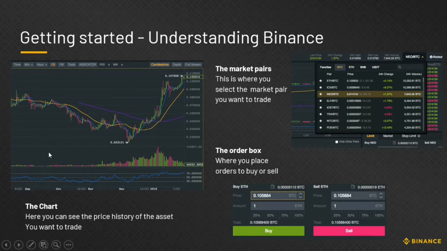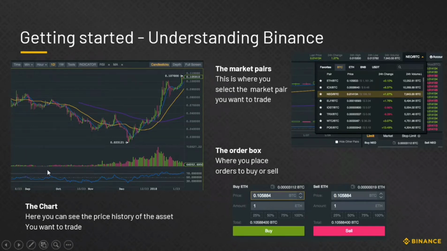Okay, now let's get started with understanding Binance. I'll be going live in a few minutes, going practical to show you what the Binance platform is all about. We have the charts. What is obtained in the chart is just the price history of whatever asset you want to trade. On the chart, you'll be able to see how the price of that asset has been performing before now.